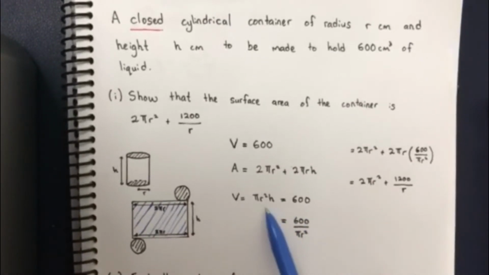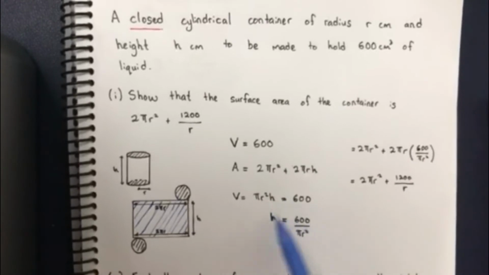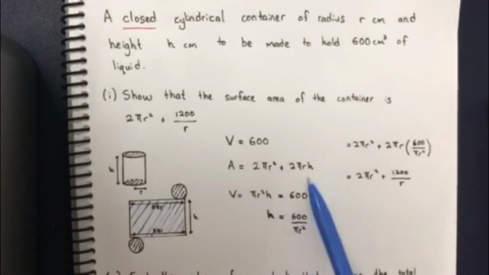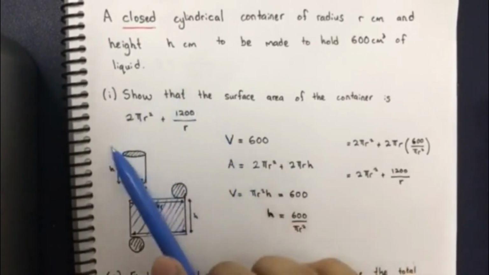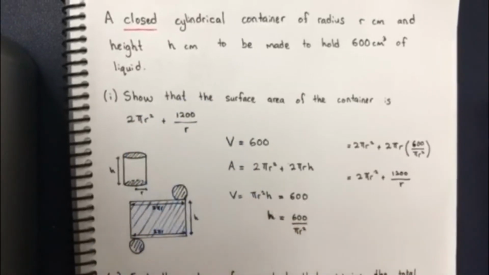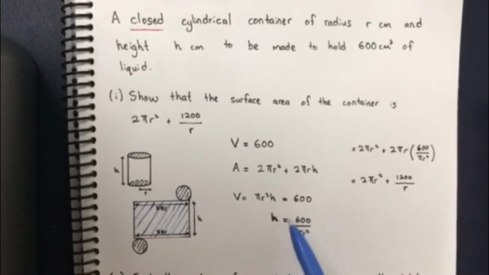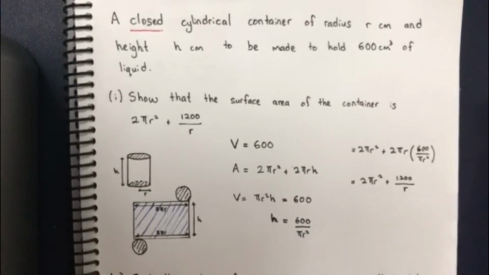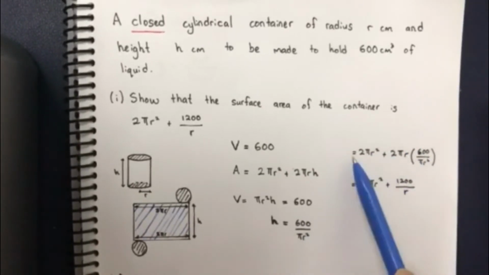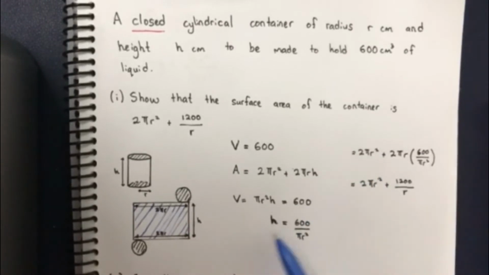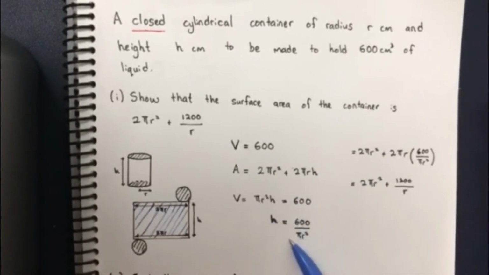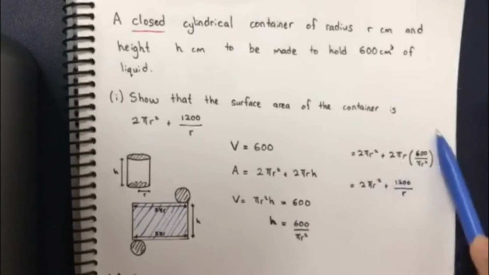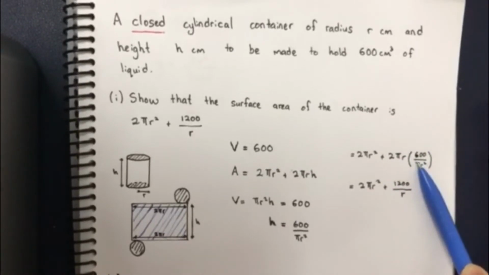We need to eliminate h, because the area equation does not have h. So we change it to h equals 600 over pi r square, and substitute into this equation.